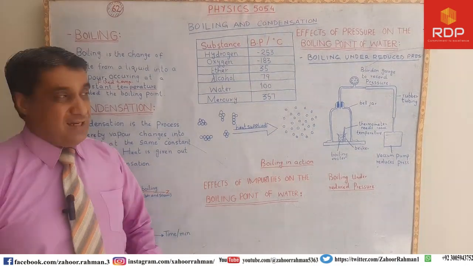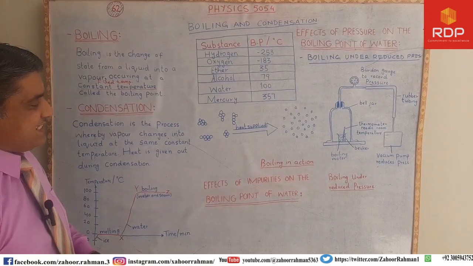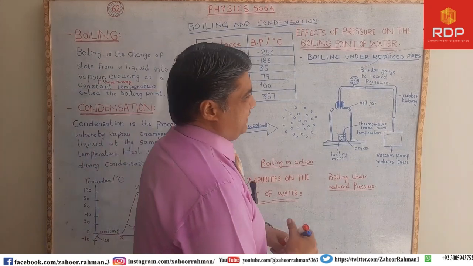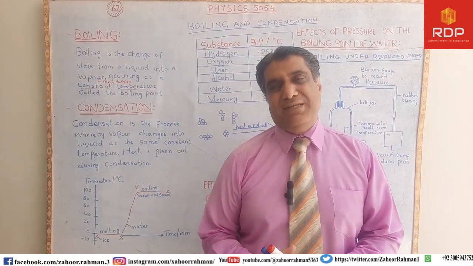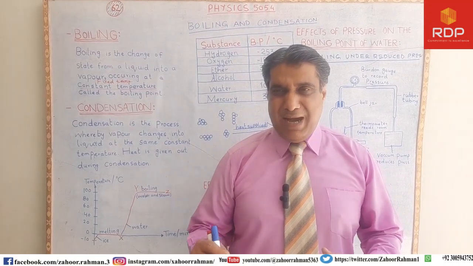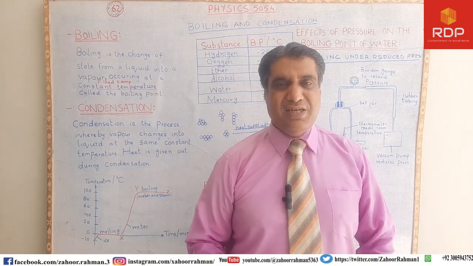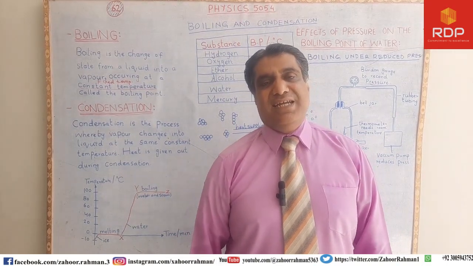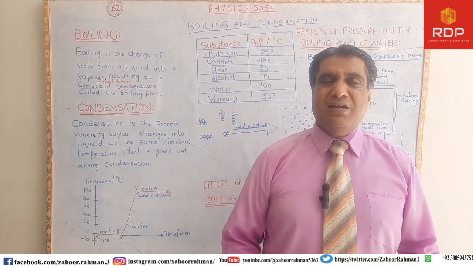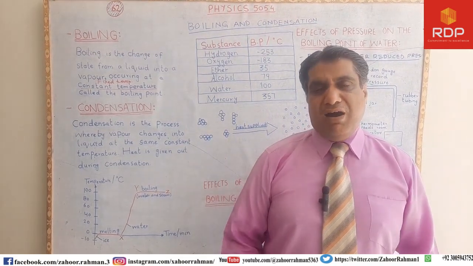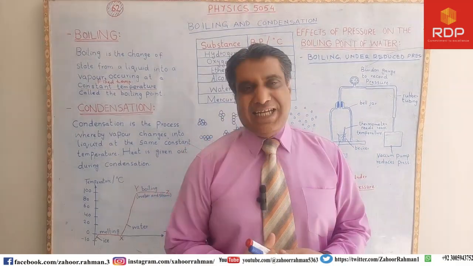Now we are coming towards another topic. Just like we observed in the case of melting, can the melting point be changed by adding impurities to the pure water? Yes, we saw that antifreeze, salt, pressure, all those things were changing the melting point.